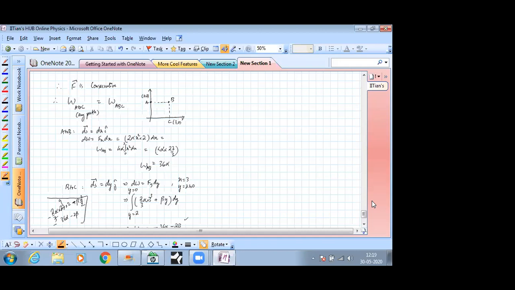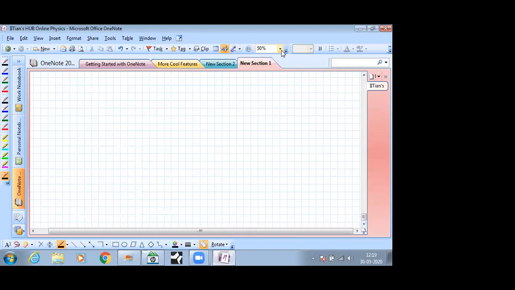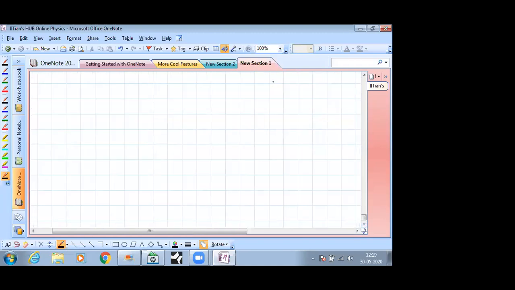Okay, so people, when we expand this to 3 dimensions, life becomes much more tricky. But we understand one thing again. In 3-dimensional case, when we say that force is negative gradient of potential energy, it means that x component of force is minus del u by del x.